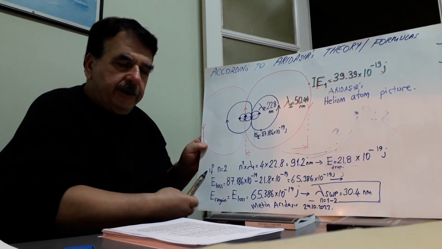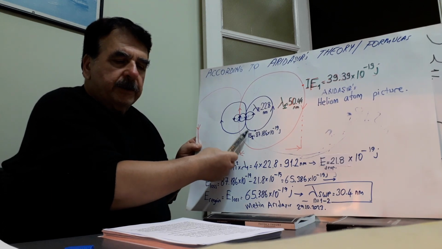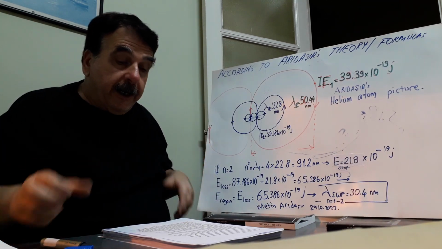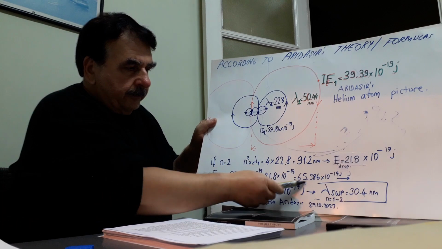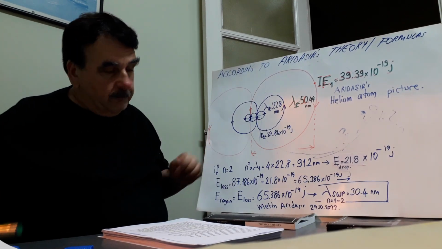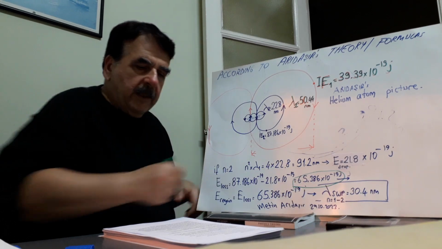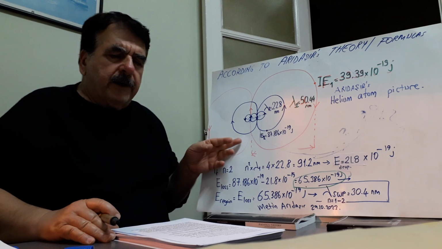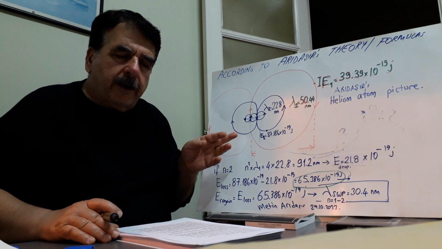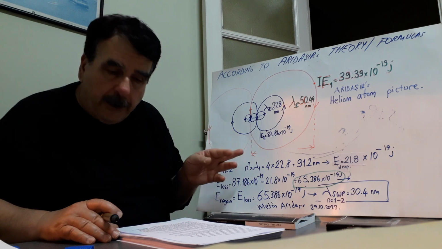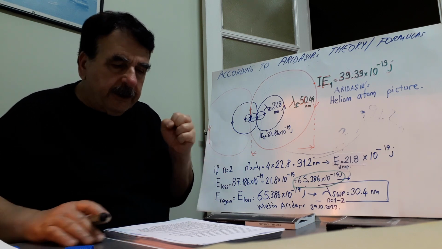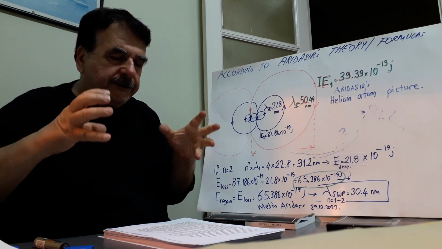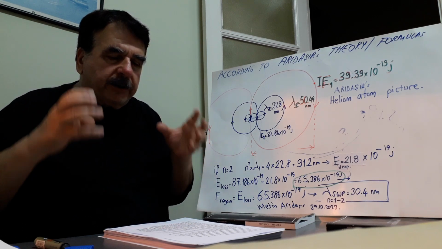When it shrinks to its initial 22.8 nanometer wavelength size, it regains its 65.398 times 10 to the minus 19 joule energy, and while doing this, it produces and pours out a single spherical light wave pulse at the same amount of energy.